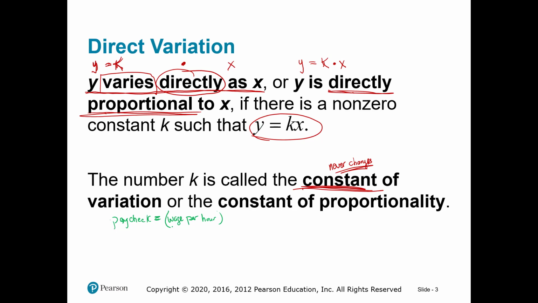And you multiply it by the number of hours you're working. Agreed? Okay. So one thing in this particular paycheck equation that does not change, unfortunately, is how much you make an hour, right? That usually stays pretty consistent. That wage per hour is your constant. It never changes for the problem, okay? That's an everyday life problem.